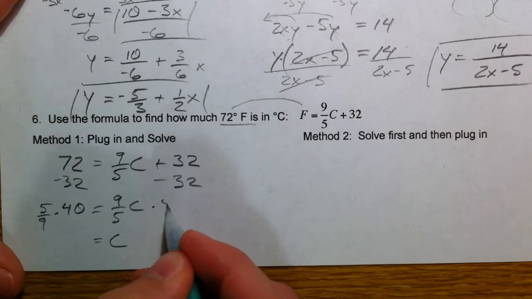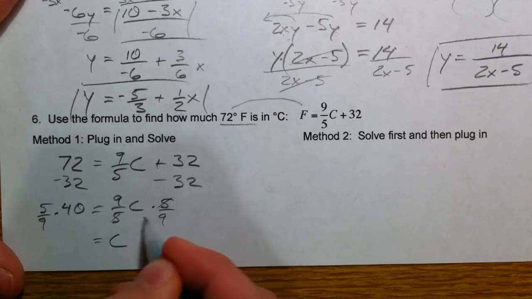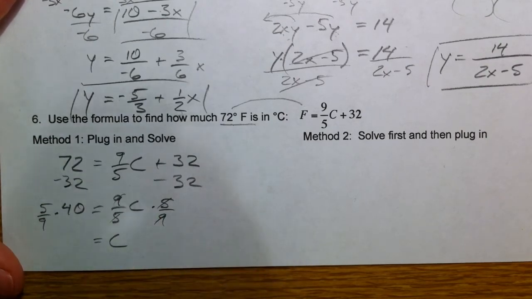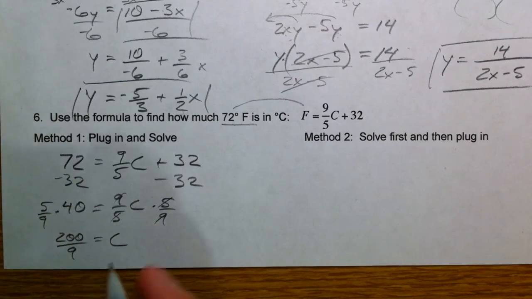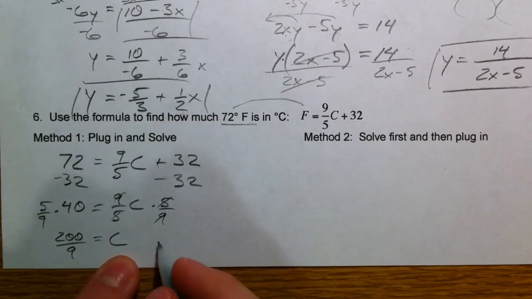So, multiply by 5/9, and you get 5 times 40, 200/9. And 200 over 9 is 22.2 degrees.